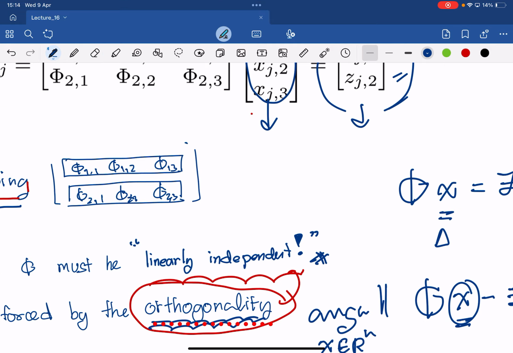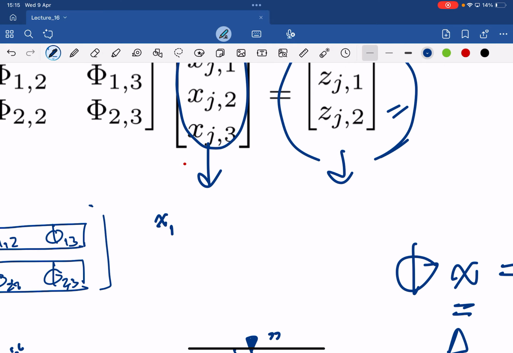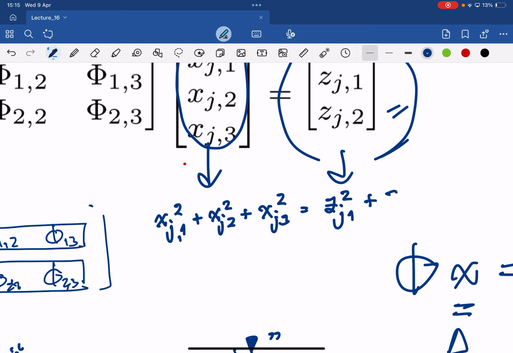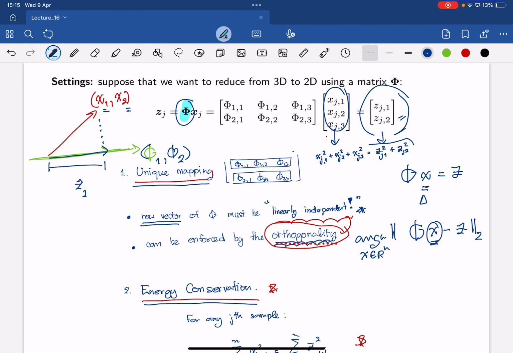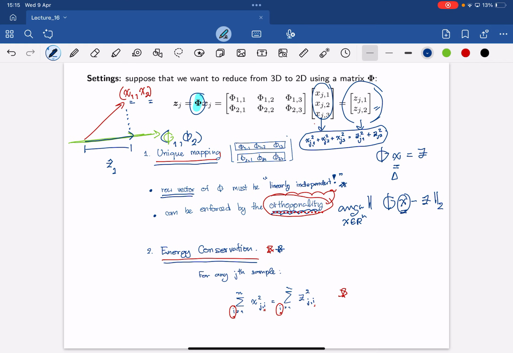In other words, xj1 square plus xj2 square plus xj3 square is equal to zj1 square plus zj2 square. They should be about the same. That's the meaning of energy conservation. Usually they are approximately, not exactly, the same.